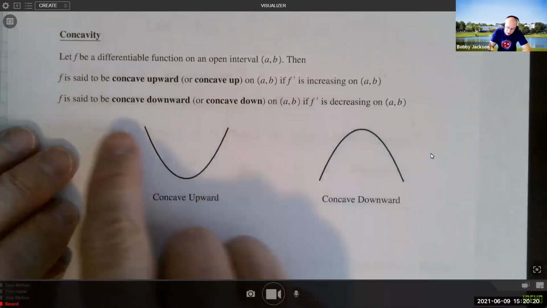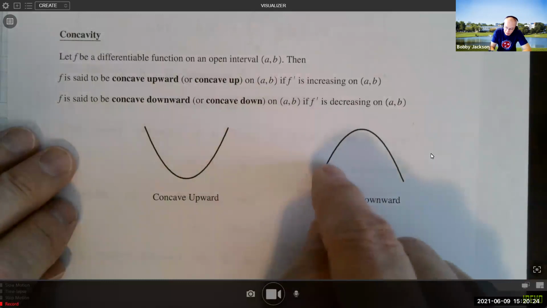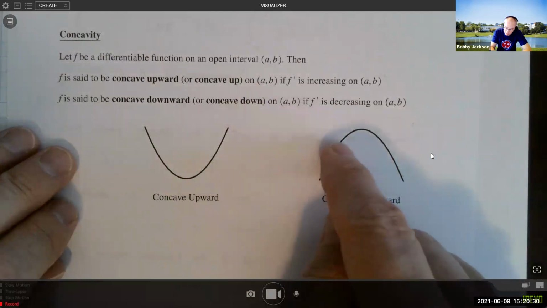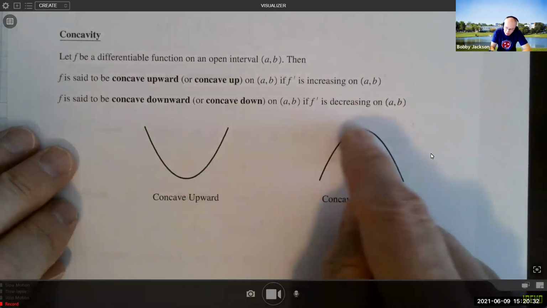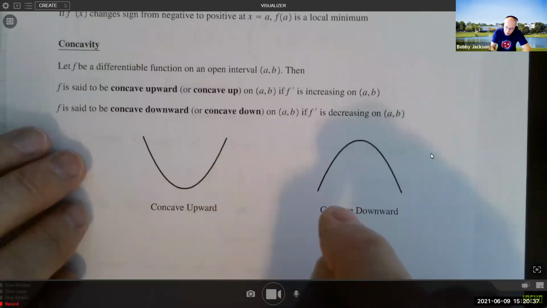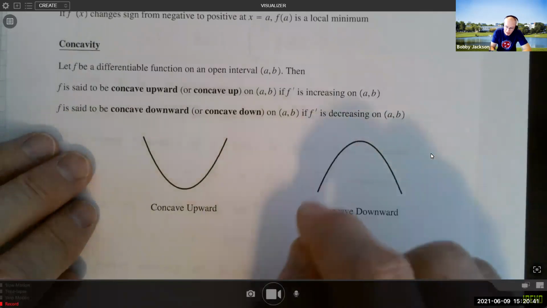Concave downward is when the derivative is decreasing. The slope is decreasing as we move from left to right. Again, you can be increasing and concave down, this little segment, or decreasing and concave down. So keep in mind, increasing does not mean positive, and decreasing does not mean negative.